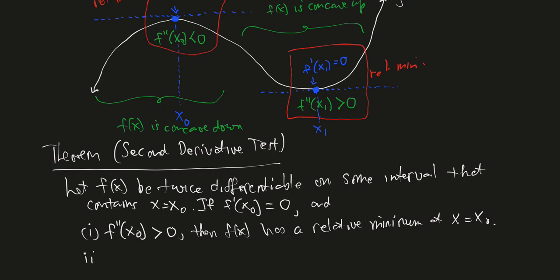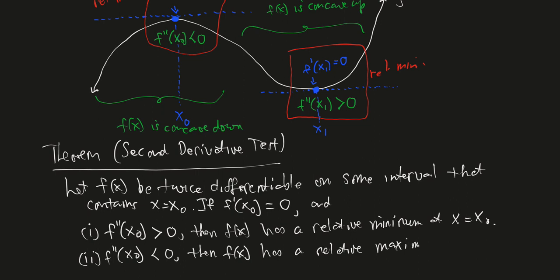Second possibility is, maybe I plug into my second derivative and I get a negative number. Well, then this is what will happen. We'll have to have a relative maximum. So f of x has a relative maximum at x equals x0.